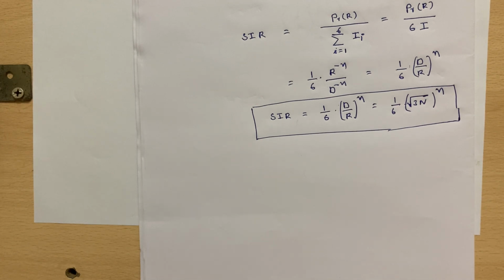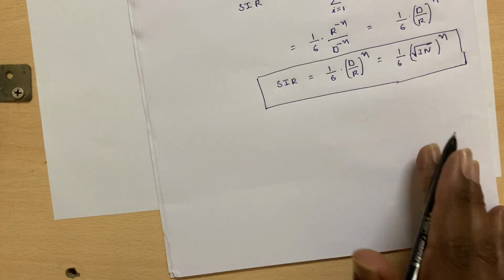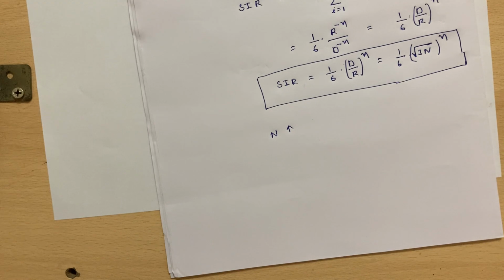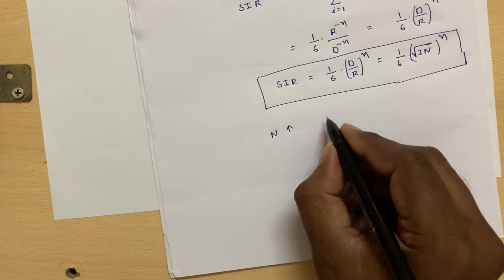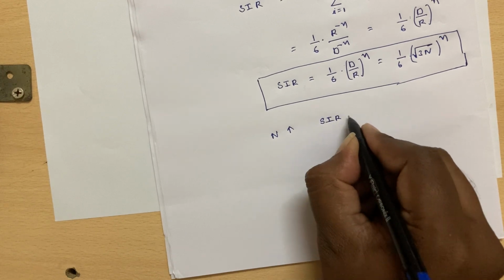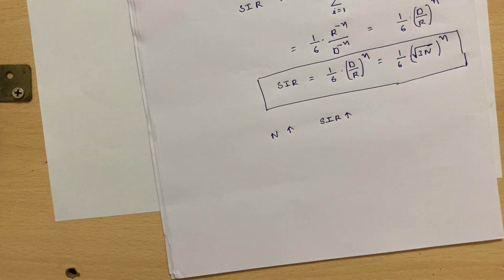And if you observe here, as n increases, means as frequency reuse factor increases, the SIR will be increasing. Signal to interference ratio will be increasing. What is the drawback with it is, as n increases, the total available spectrum or total available number of channels will be divided by n, which is the spectrum or number of channels we are allocating per cell.